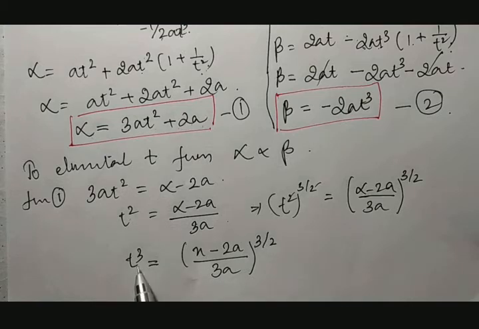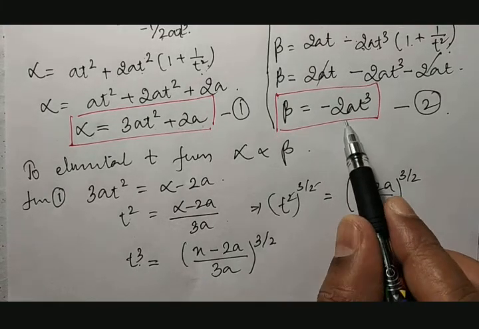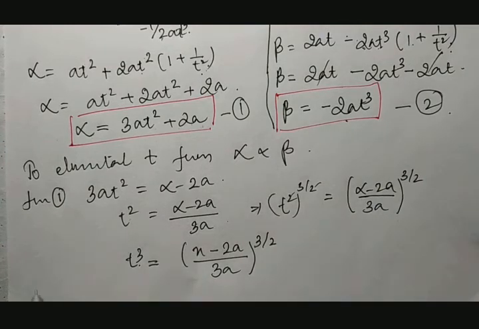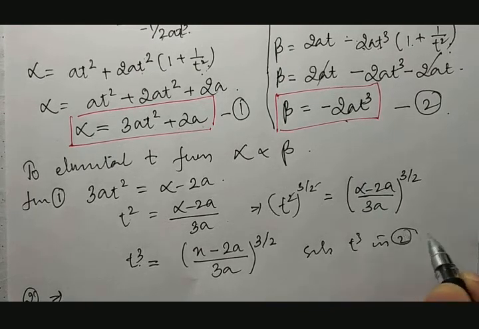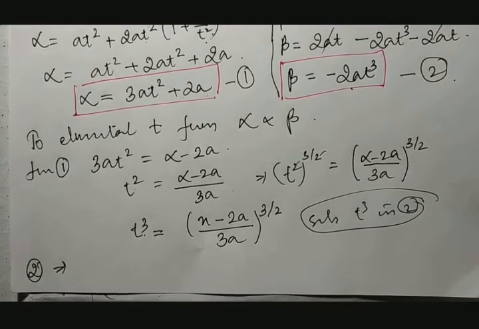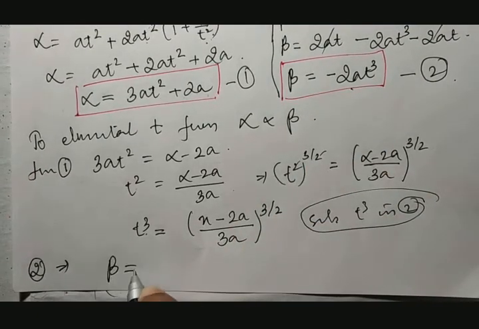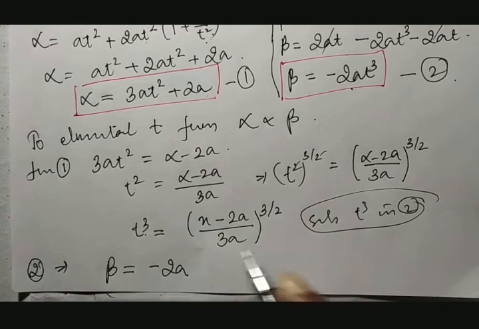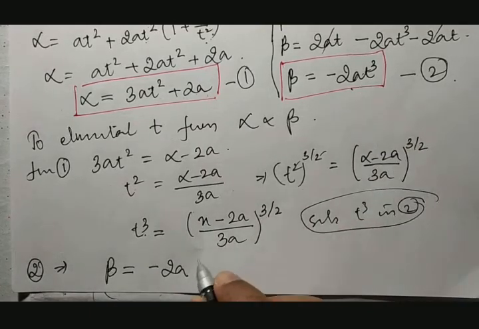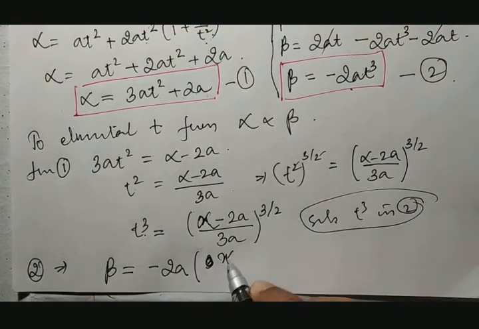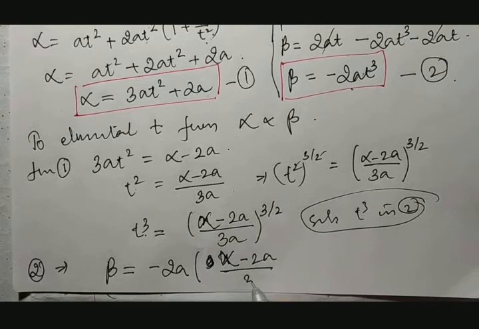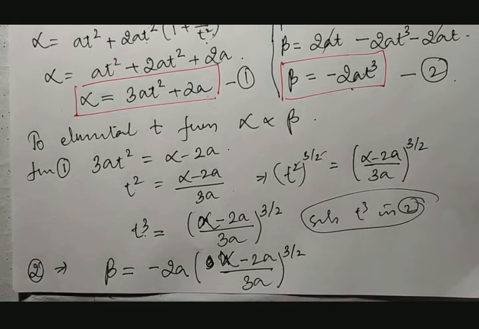Then using this expression in beta. Okay. So substitute t cube in equation number 2. Then equation number 2 becomes beta is equal to minus 2a into t cube. What is t cube? T cube is alpha minus 2a divided by 3a raised to 3 by 2. Clear?